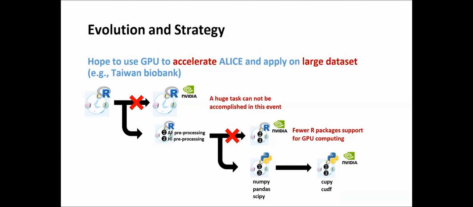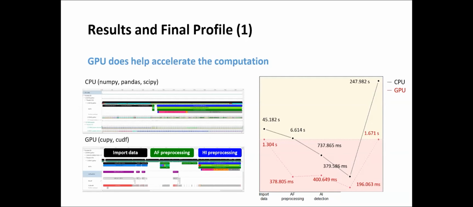So we transferred from R to Python, and the tools we used are NumPy, Pandas, SciPy, etc. The other thing is that there are fewer R packages supporting GPU computing on NVIDIA GPUs. So the toolkits we use will be CuPy and cuDF. This slide shows the results and the final profile.